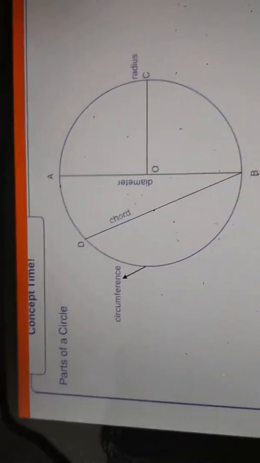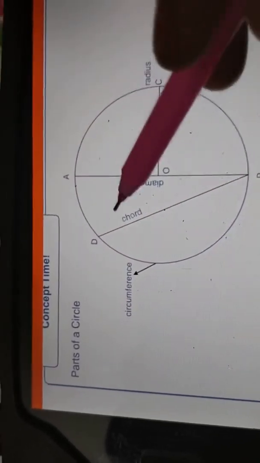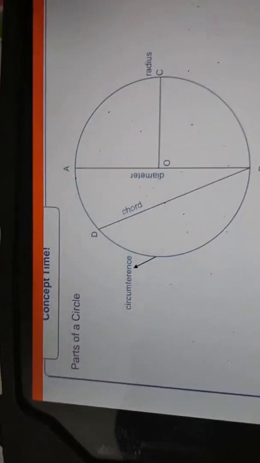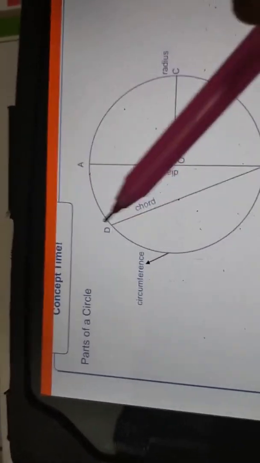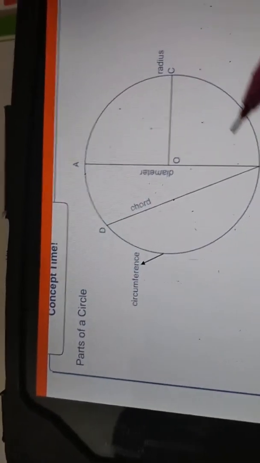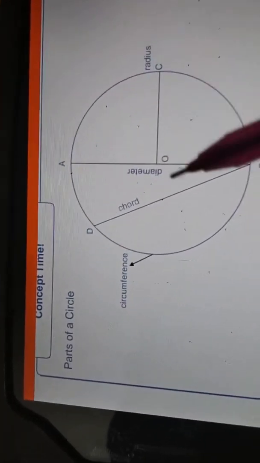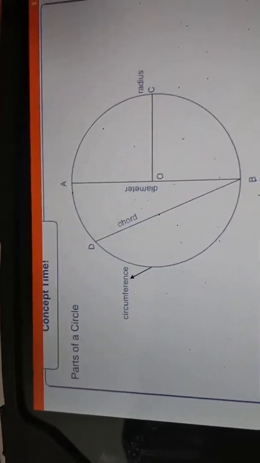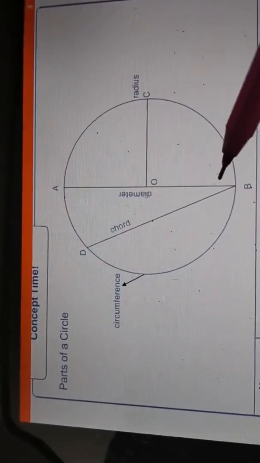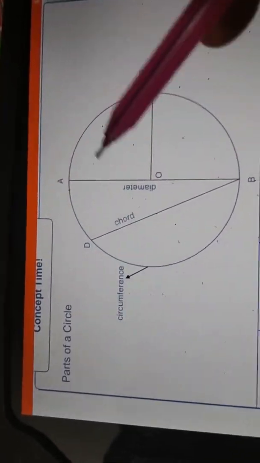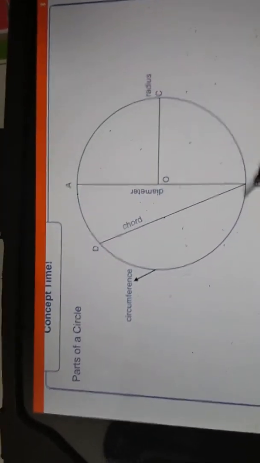Okay. Then students, this is a chord. In a circle, we draw a line anywhere, okay. So D and B, if we write here B and E like that, that is called the chord. Diameter, the longest line of the circle, that's called the diameter, that is AB.